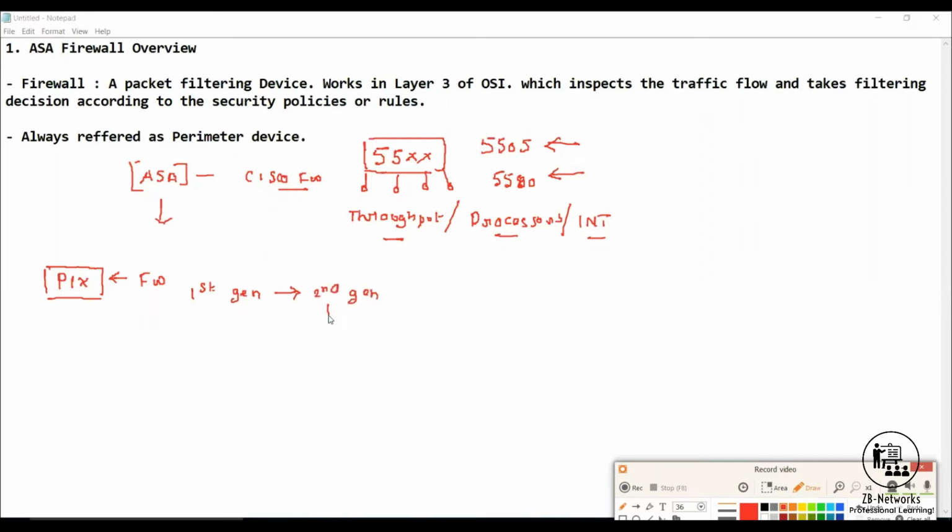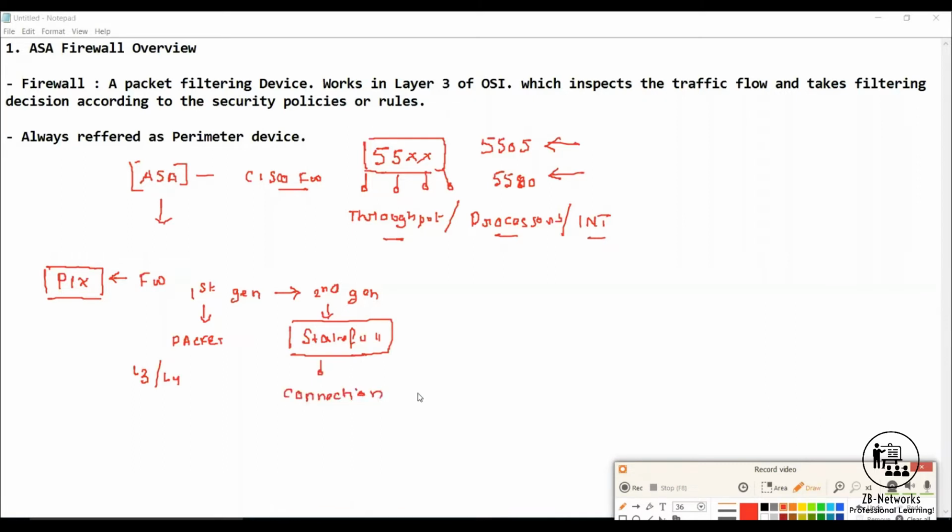And the second gen firewall became stateful. First gen firewalls are basically packet filter firewalls, which inspect traffic only based on layer 3 and layer 4 properties like IP address and port numbers. But a stateful firewall can maintain one very important table called the connection table.